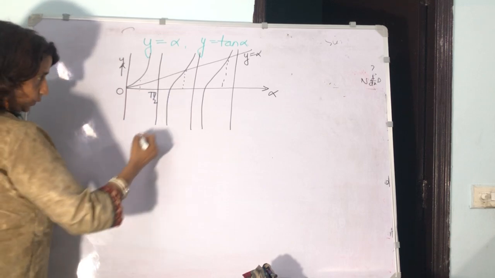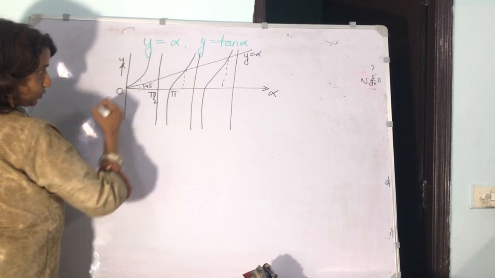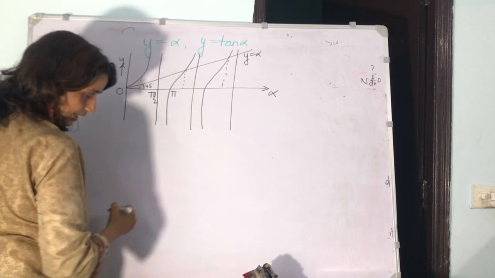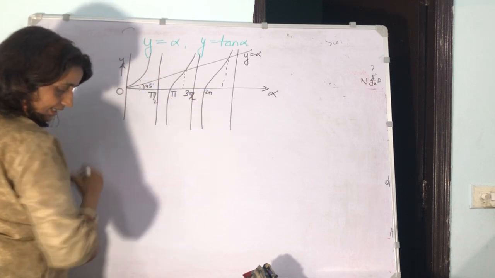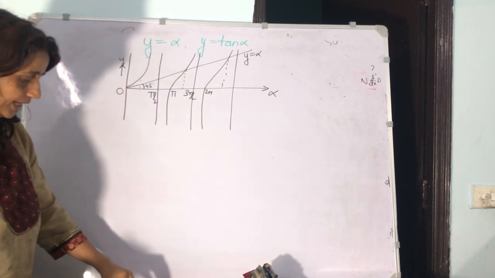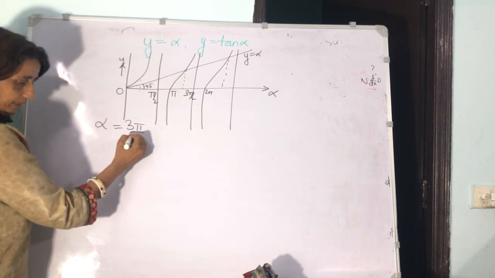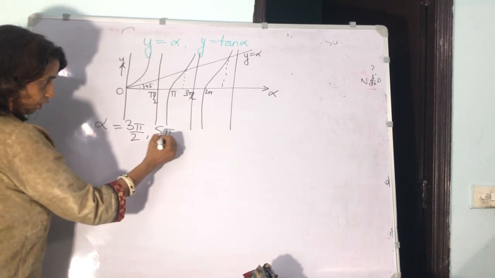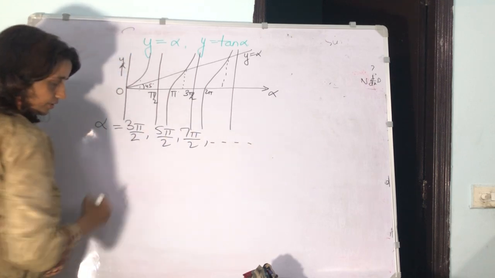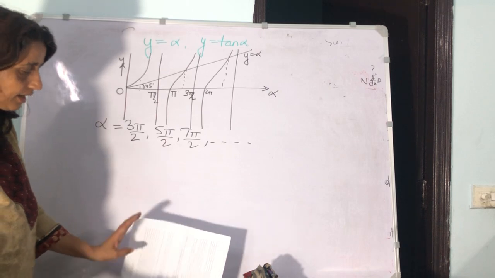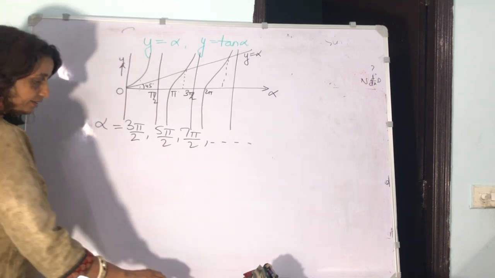Pi by 2, this is pi, and this is the straight line which is passing through the origin. So this is pi, 3 pi by 2, 2 pi, etc. Wherever this cuts, that means alpha is 3 pi by 2, the odd series 5 pi by 2, 7 pi by 2, etc. These points are giving us the direction of the secondary maxima.